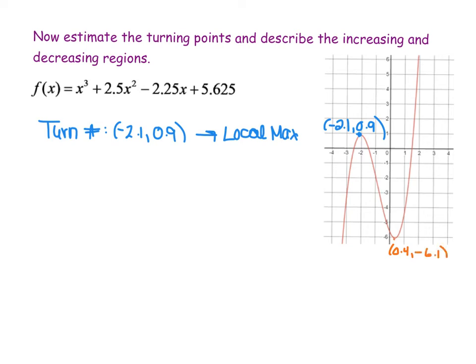So turning point number 2, I'm estimating, is about 0.4 comma negative 6.1, and that one is a local min because of its location. It is locally lower than all of the points around it. So those are our turning points.